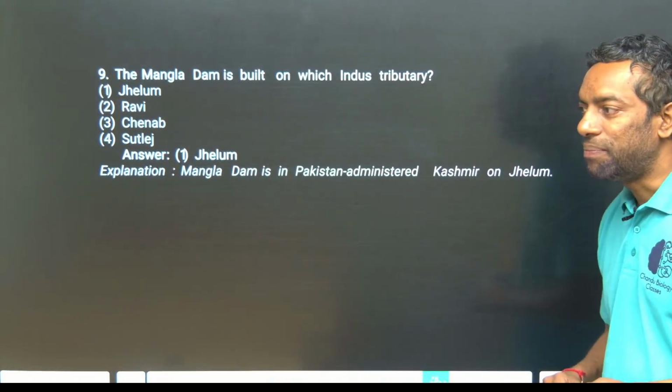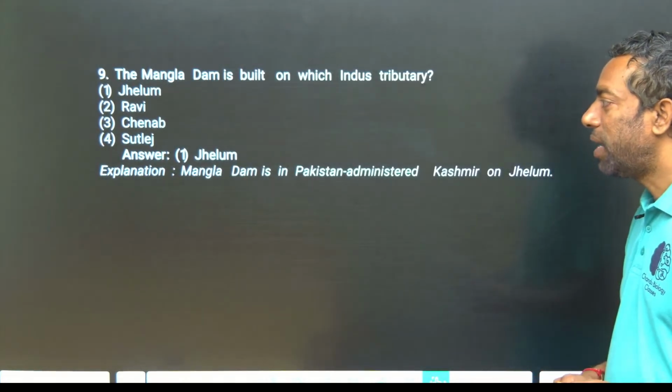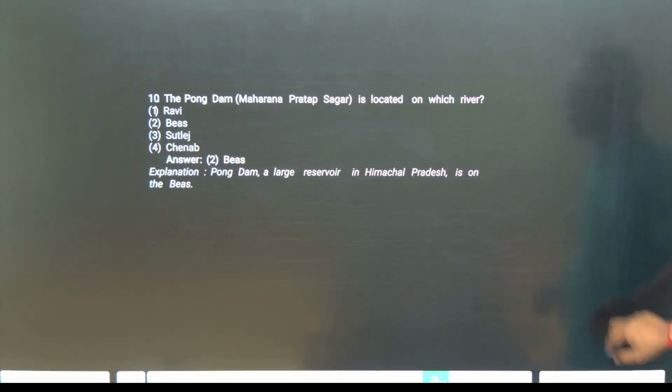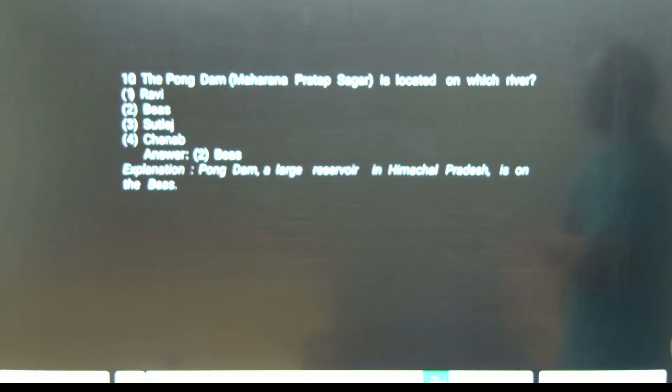That is Jhelum, in Pakistan-administered Kashmir. Pong Dam is located on which river? Beas. Pong Dam is the large reservoir in Himachal Pradesh on the Beas river. I hope you guys understand this.